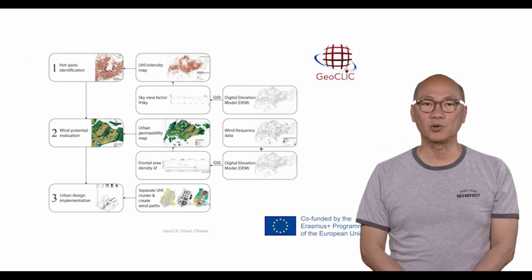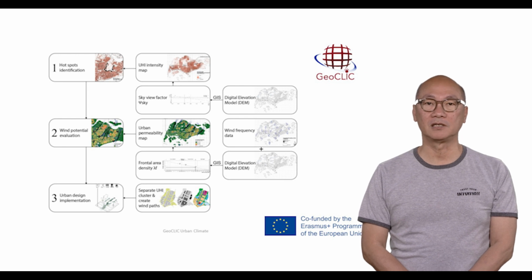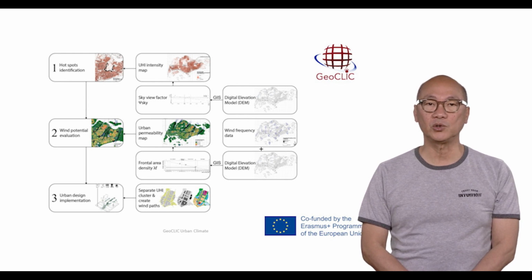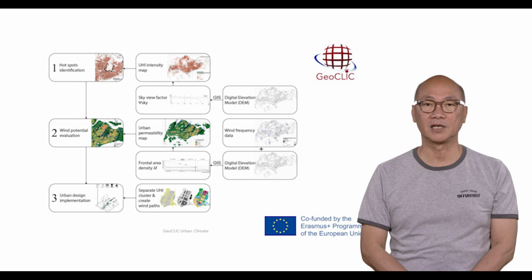This figure shows the workflow of the 3 steps. The input used for hotspot identification is a high-resolution digital elevation model and the calculation of sky view factor, which we have introduced and included in the practical of urban multi-scale environmental predictor. Local weather stations with historic records will provide the air temperature input.